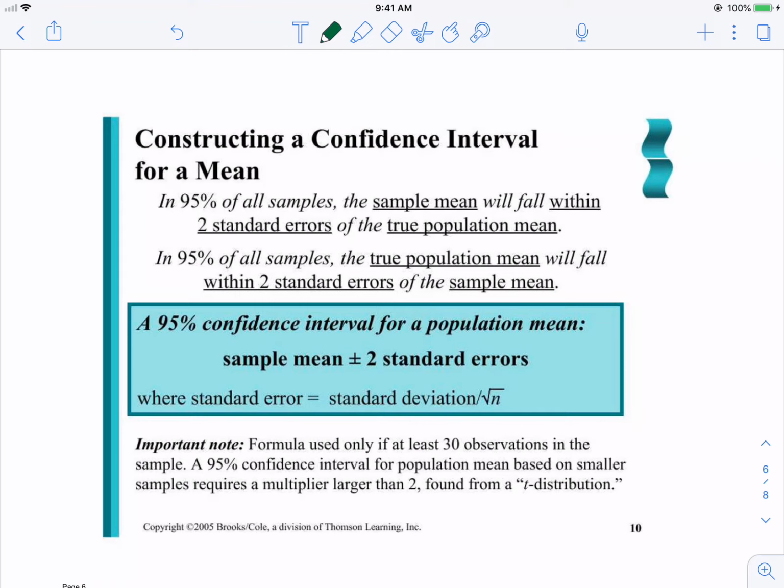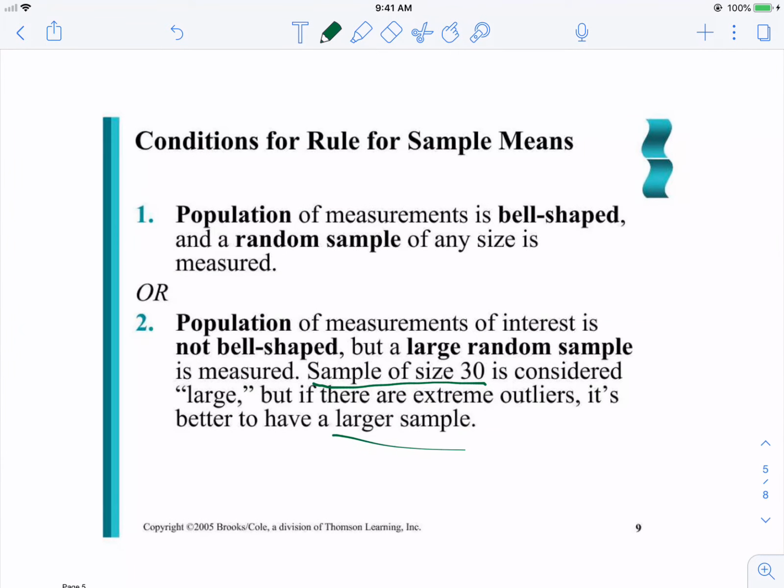So you see our equation, which is on your equation sheet, or I'll write it right here. We have x bar representing our sample mean plus or minus 2 of these standard errors, or you could write it as x bar plus or minus 2 of these sample standard deviations divided by the square root of n.